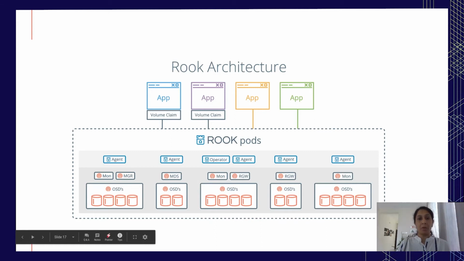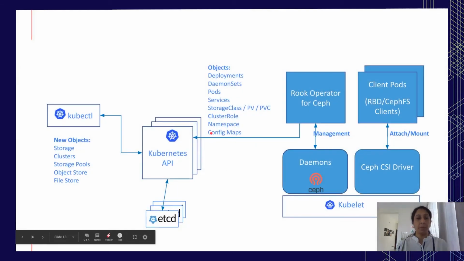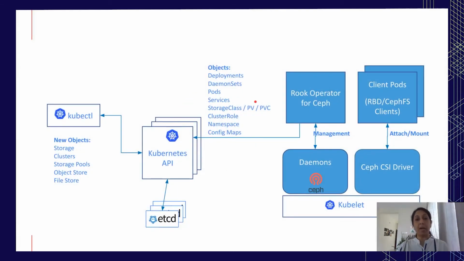So moving on. When we talk about Rook and how it is deploying this whole cluster, Rook does this in the Kubernetes native way. It talks to the commonly known Kubernetes constructs like deployments, pods, services, etc., to deploy the cluster.